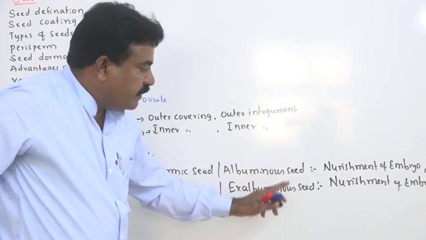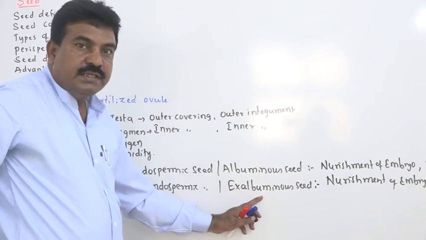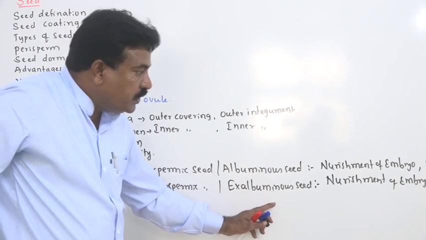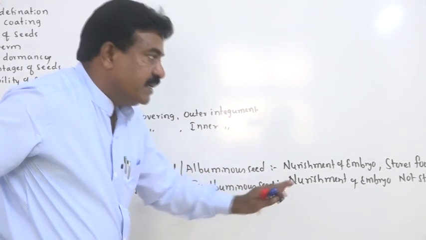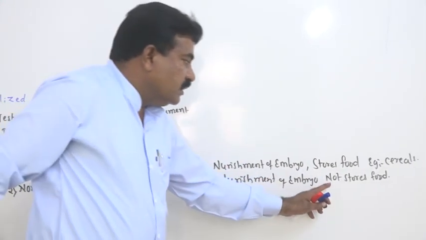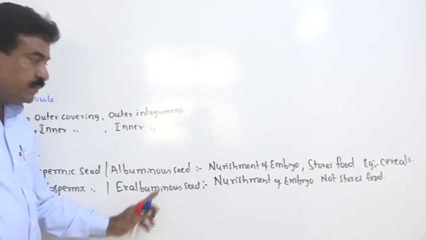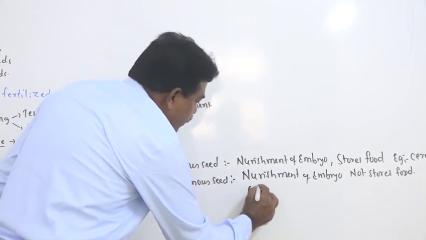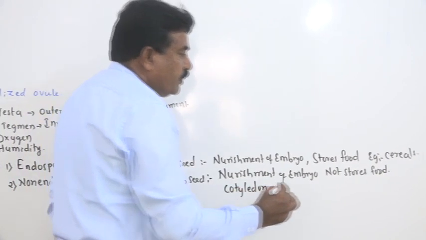In mature seed, in case of non-endospermic or exalbuminous seed, the endosperm is completely utilized for the embryonic development, and there is no residue left. In these seeds, the cotyledon plays a very important role to store the food material.